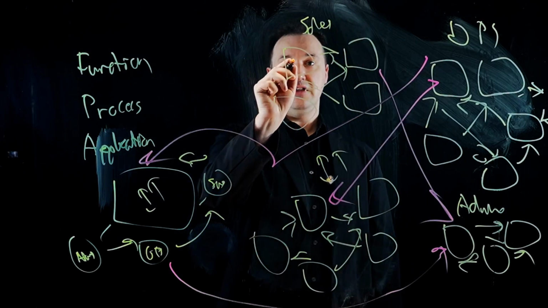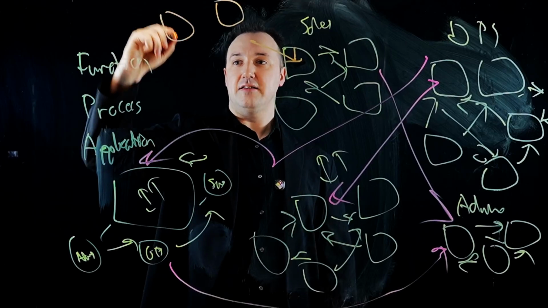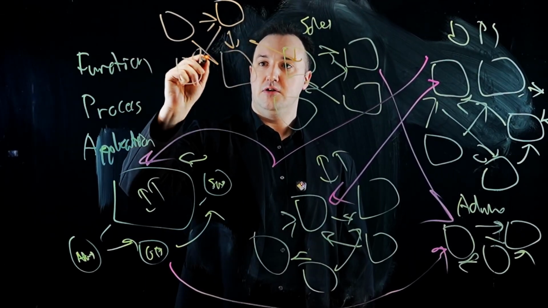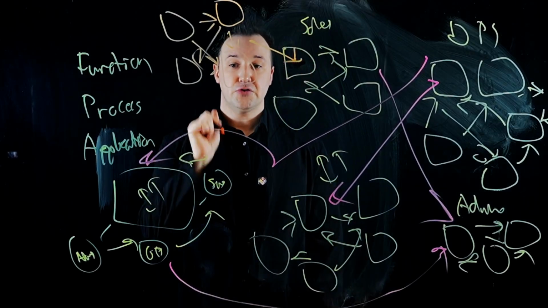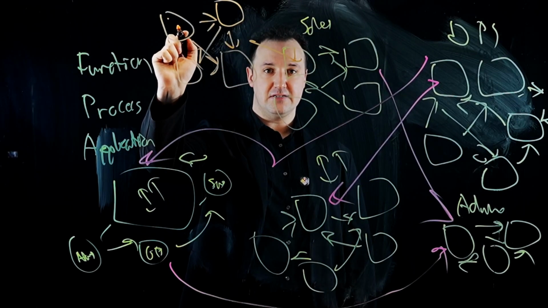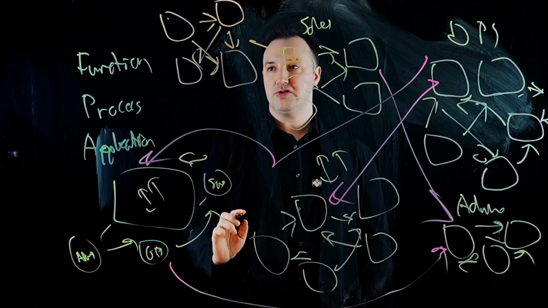Let's go into application. This is not a box. This is actually a set of sub-applications that also interrelate, just like this stuff does. So now you could have one application that is fundamentally necessary, let's say email, that admin requires to do its job.